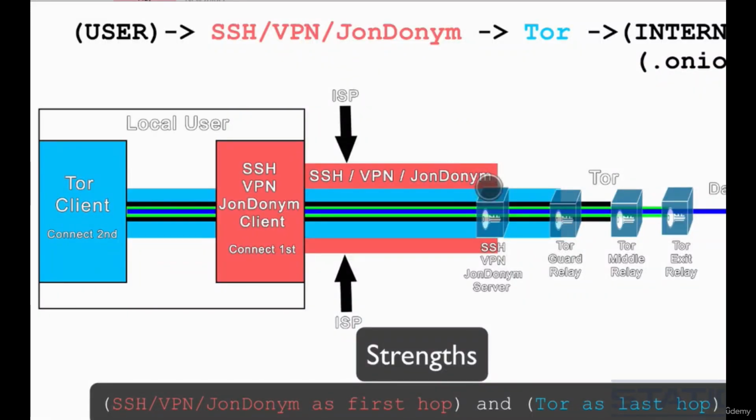Then the layer goes next to the Tor guard relay and Tor middle relay, and finally the layer is stopped by the Tor exit relay.